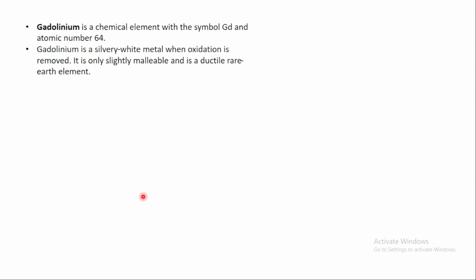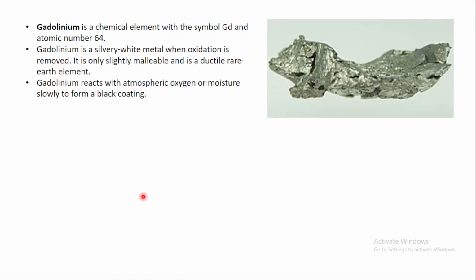The silvery white metal looks like this. Gadolinium reacts slowly with atmospheric oxygen or moisture to form a black coating. So if you isolate the metal, it is silvery white, but on exposure to air it reacts with oxygen to form a black coat.